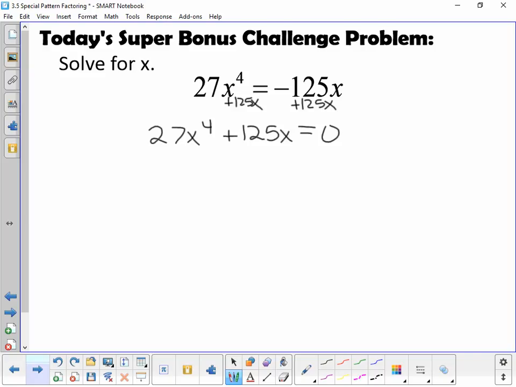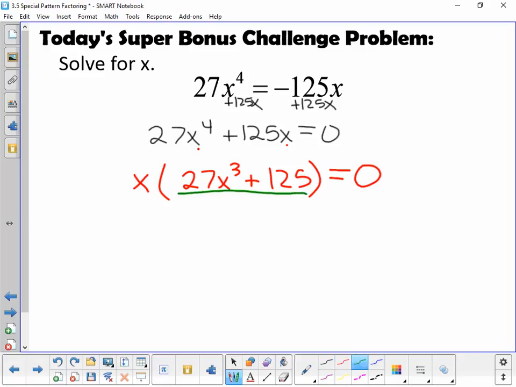So now it may not necessarily look like a difference of squares or a sum of squares or a difference of cubes or a sum of cubes right now, but if you pause and remember that you should always look for a common factor, you might notice that both of these have a factor of x. We could factor that out. Now that we have that common factor factored out, this looks much more like a pattern with cubics.